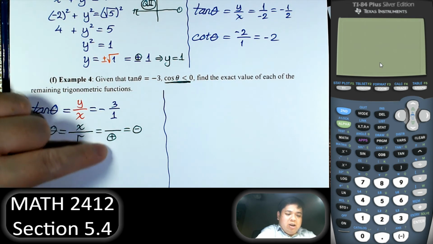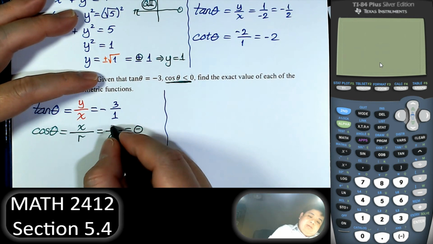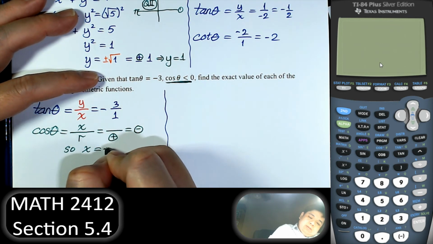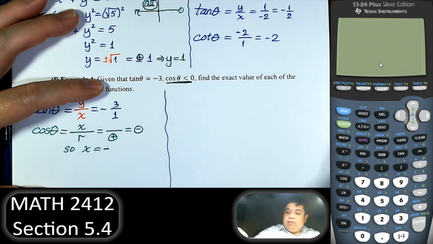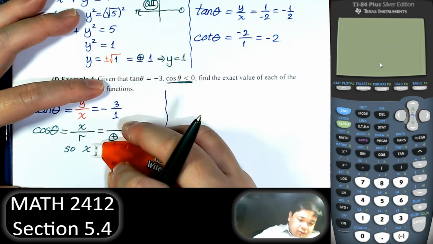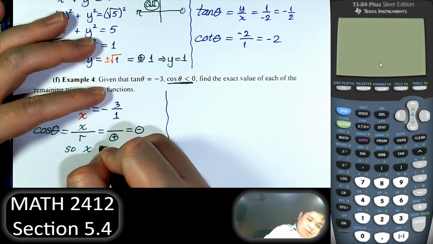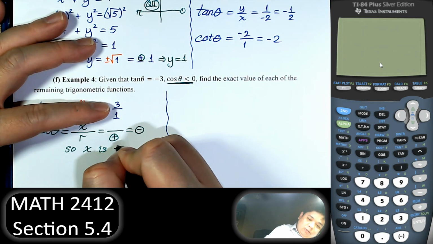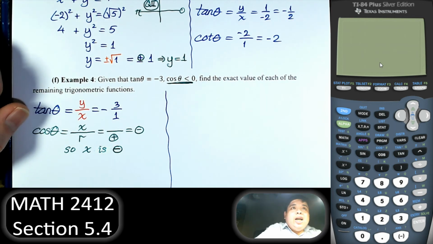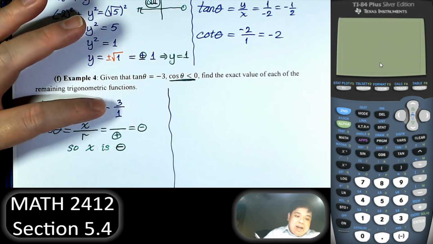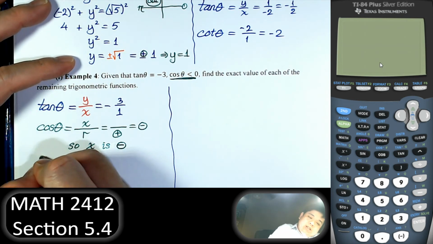Well, that's obvious, right? From here, x must be negative. So x is negative, and from here we can choose x to be negative 1 and y to be 3.